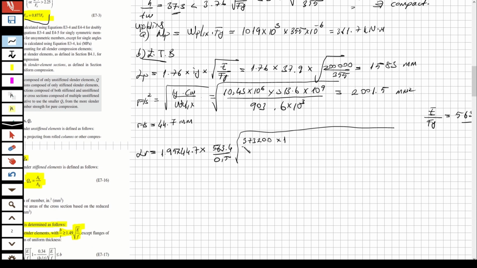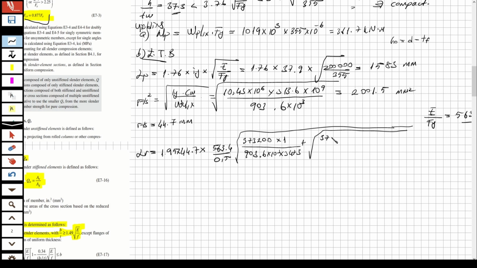And this is going to be over 903.6 multiplied by 10 power 3 and multiplied by the ho. So what is ho? ho is equal to d minus thickness of flange. So this is d minus thickness of flange, 347.3.